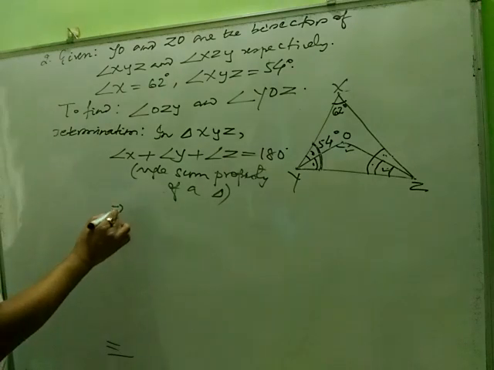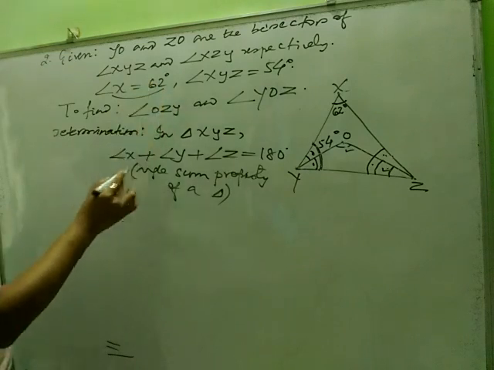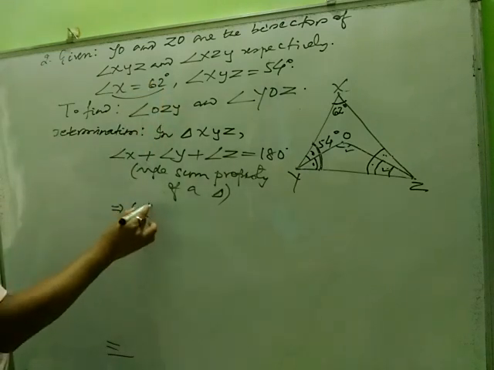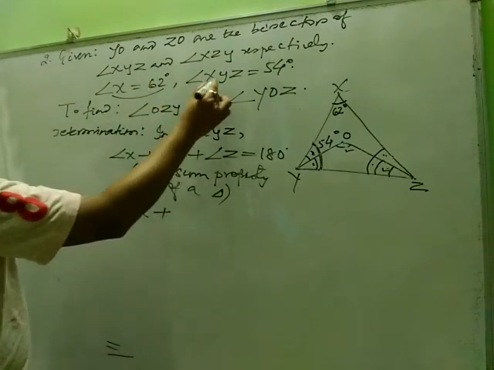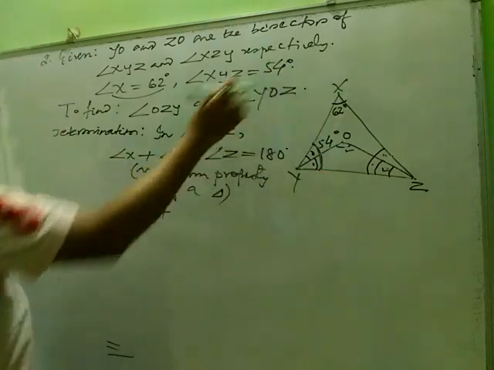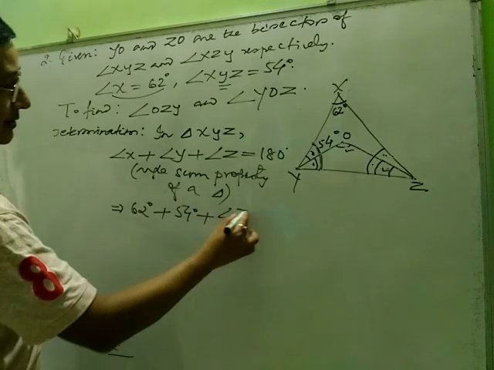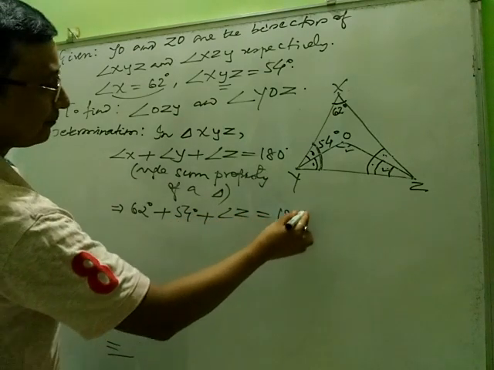Here X is given as 62, so it will be 62 degrees plus angle Y. Y is given as 54, so in place of Y, 54 plus angle Z equals 180.